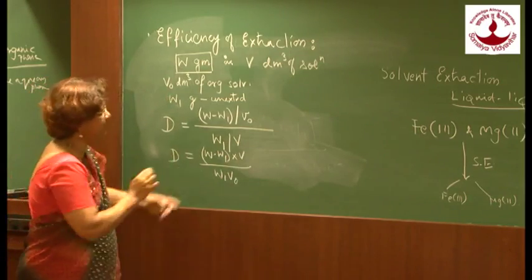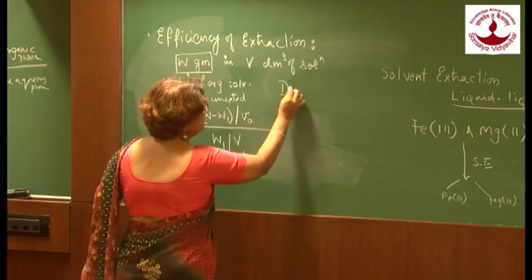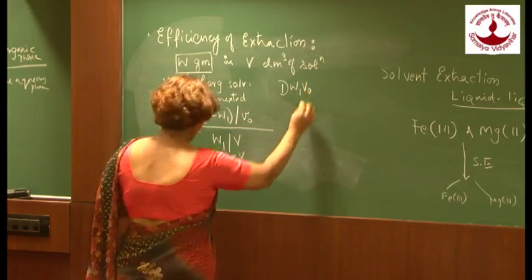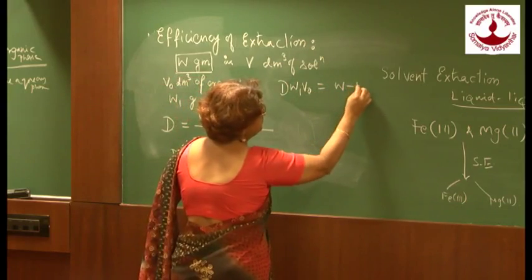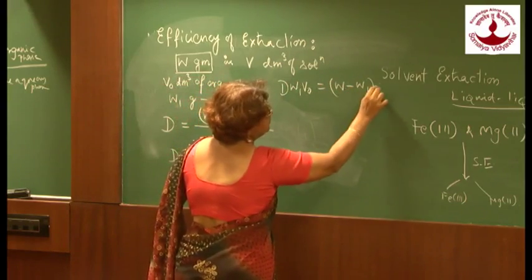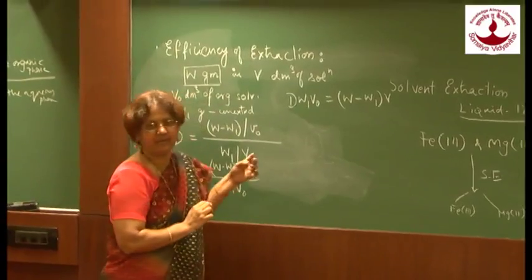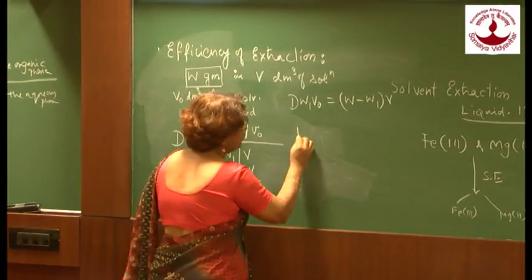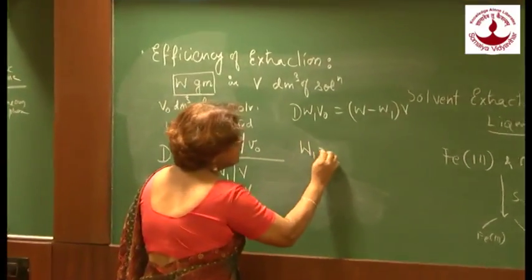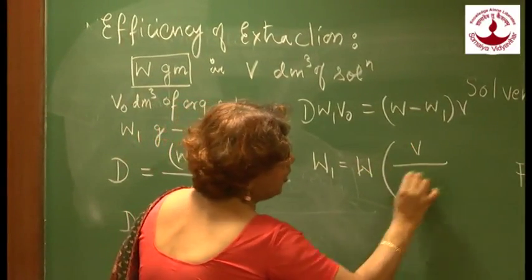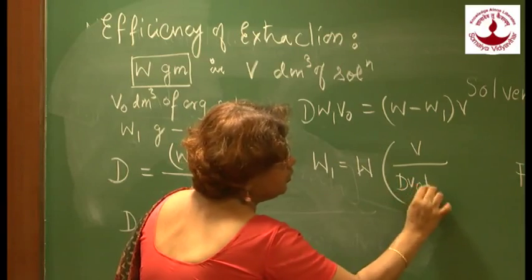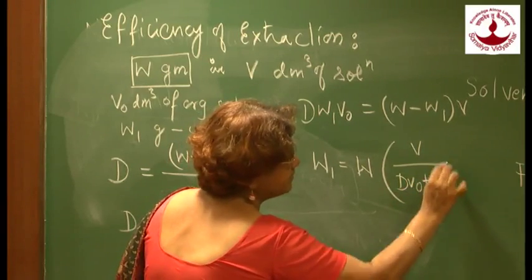After cross multiplying, we get D W1 VO is equal to W minus W1 into V, and after solving it for W1, we get W1 is equal to W V upon D VO plus V.